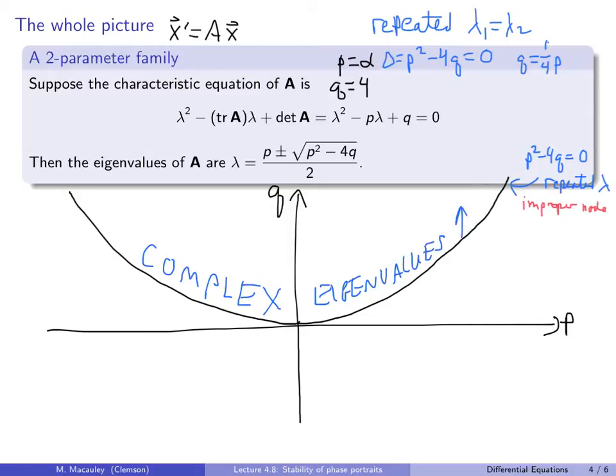Let me put arrows here to signify that I mean everything above here. And conversely, everything below here are going to be real eigenvalues. So let me write that, real eigenvalues.